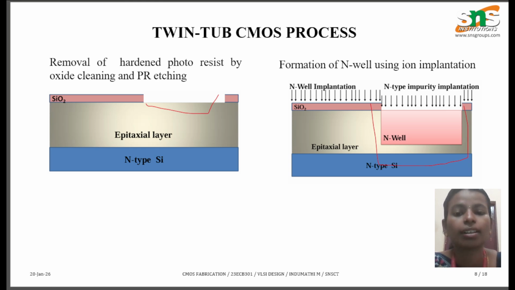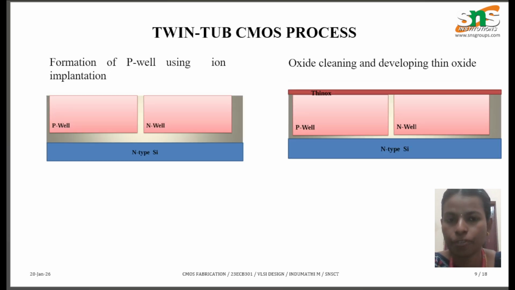Here the N well will have phosphorus or arsenic implantation, and separate masks are used, and high temperature is used here. NMOS are fabricated in the P well, and PMOS are fabricated in the N well. We have diffused the N well here, and we have diffused the P well here.